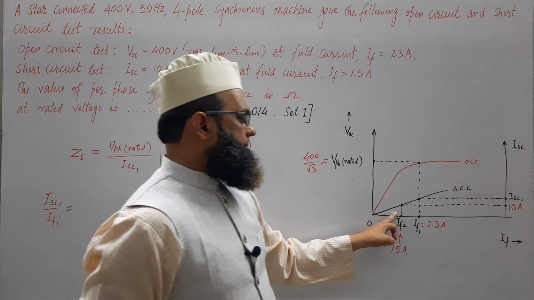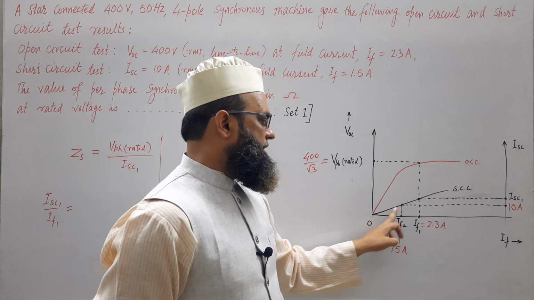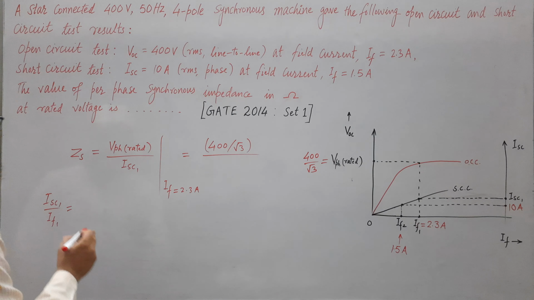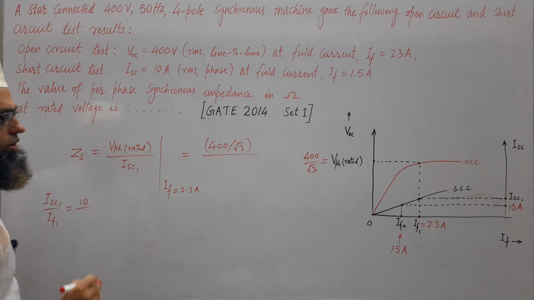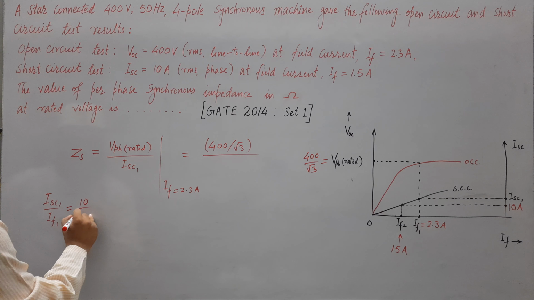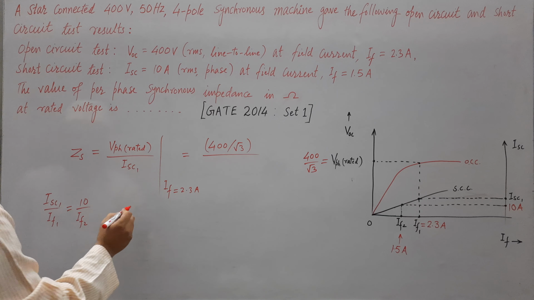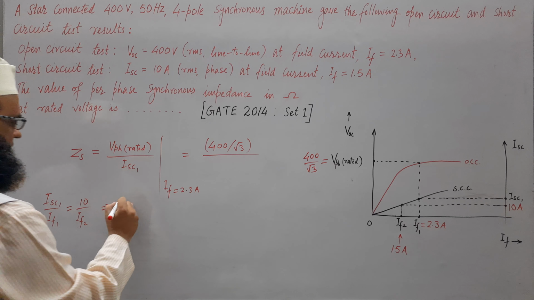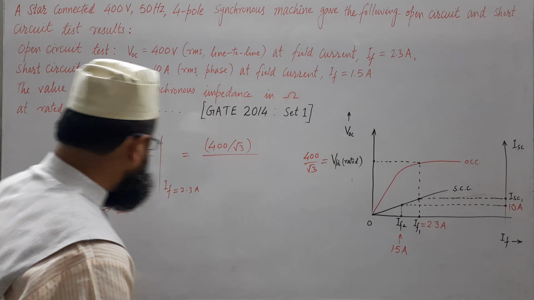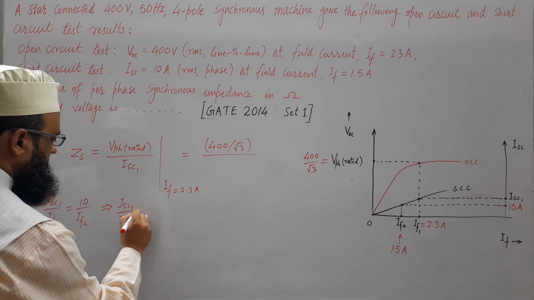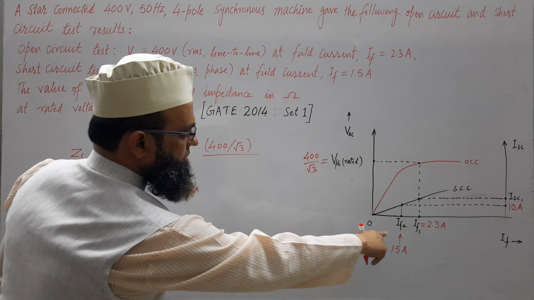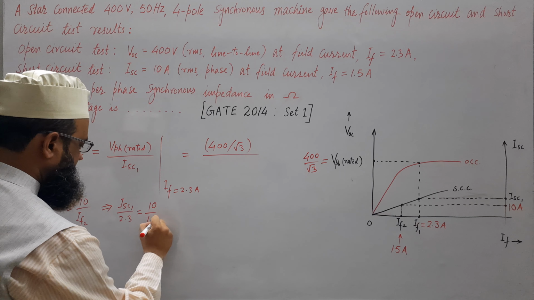In the other right angle triangle, the same tan theta is 10 ampere perpendicular upon the base IF2. Substituting the values, ISC1 upon 2.3 is equal to 10 upon 1.5.